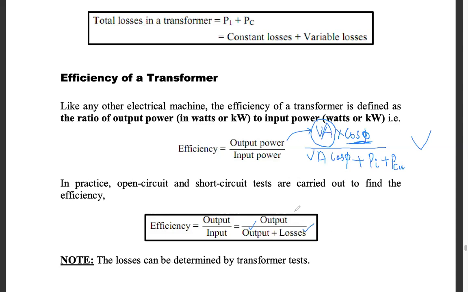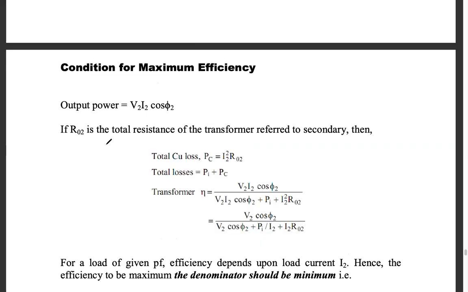Losses can be determined by testing, as we have already seen in the previous videos, how to conduct the open circuit test or the short circuit test on the transformer to find the iron losses and the copper losses. As I was saying, the output of the transformer can be secondary voltage into secondary current multiplied by the power factor of the load, that is V2 I2 cos phi 2.